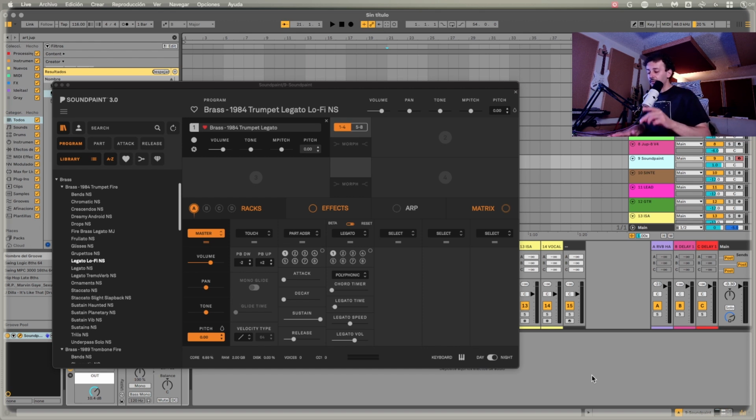As you can hear, it doesn't let me play for as long as I want. Eventually, it just cuts because that's the breath of the player actually making that sound. So it doesn't make sense to just give you an infinite amount of air because that's one of the things that fails the most when you're trying to program real brass.